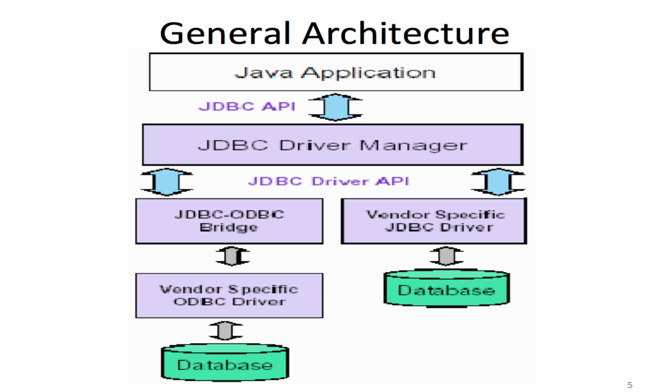Basically it represents the Oracle database, and on the other side we have the vendor-specific JDBC driver, which refers to databases related to Java and others like Oracle, MS SQL and Sybase. So different drivers we can connect using this JDBC driver API.